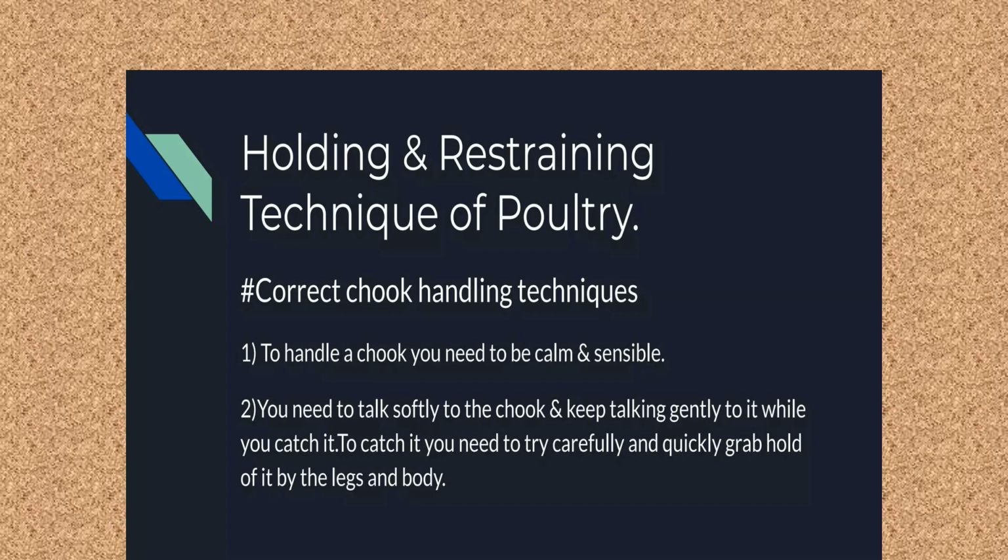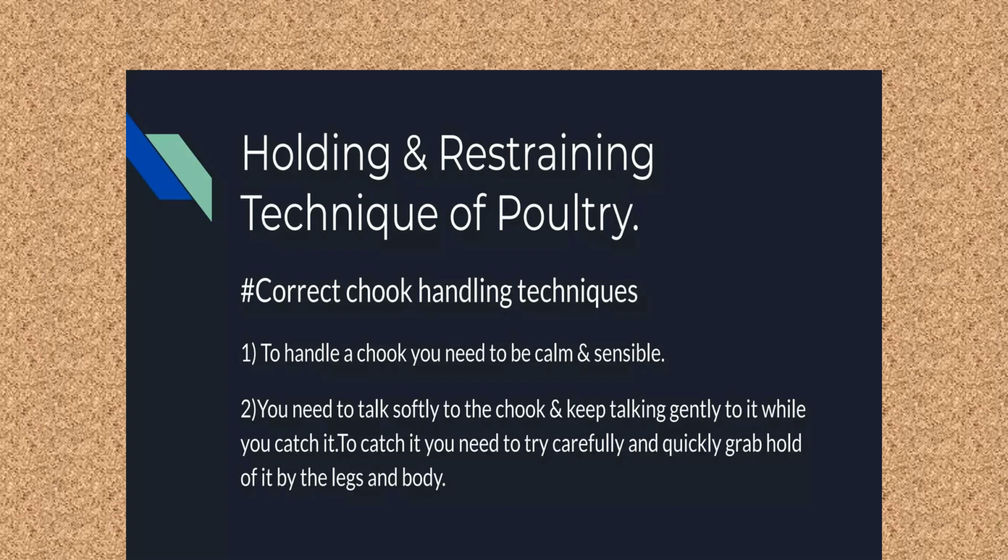Then holding and restraint techniques for poultry. Even though they are not big creatures, proper holding is very much required. If you hold them with a lot of grip, the animal may collapse.